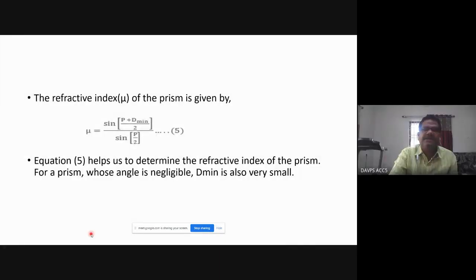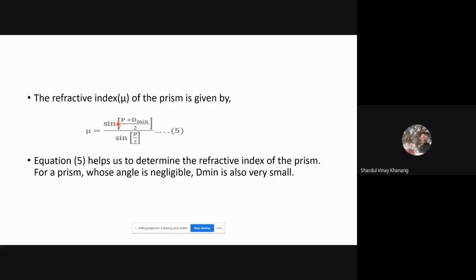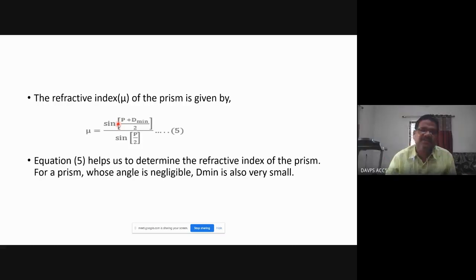Next, the refractive index. You know the prism formula, mu equal to, what is the formula for Snell's law? You tell me. Mu equal to sin I by sin R. So in place of I, you can write sin of P plus Dm by 2, and sin P by 2, since R equal to P by 2.